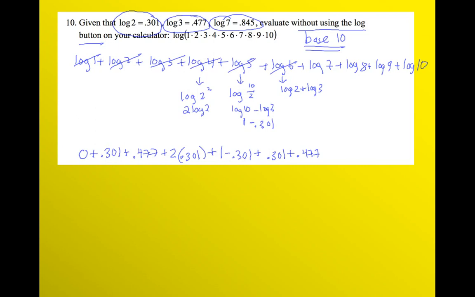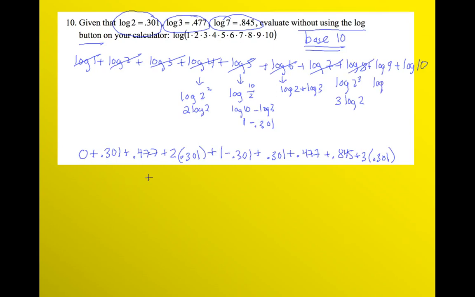What about the log of 7? Oh, it gives me that one, 0.845. That's a prime number. Log of 8, that's log of 2 cubed, which is 3 times the log of 2. 3 times, what's the log of 2? We ran out of room. What about the log of 9?